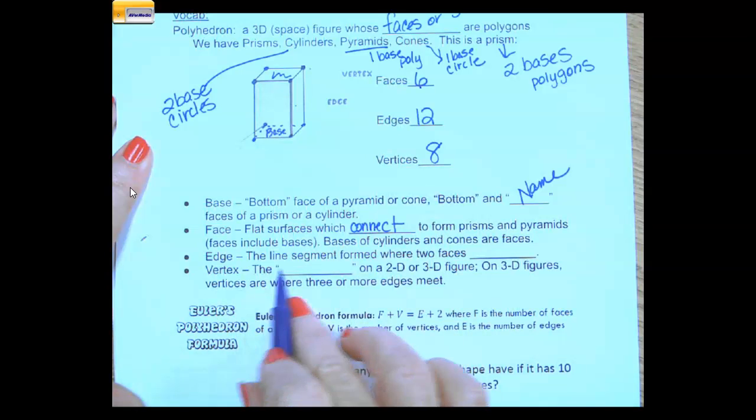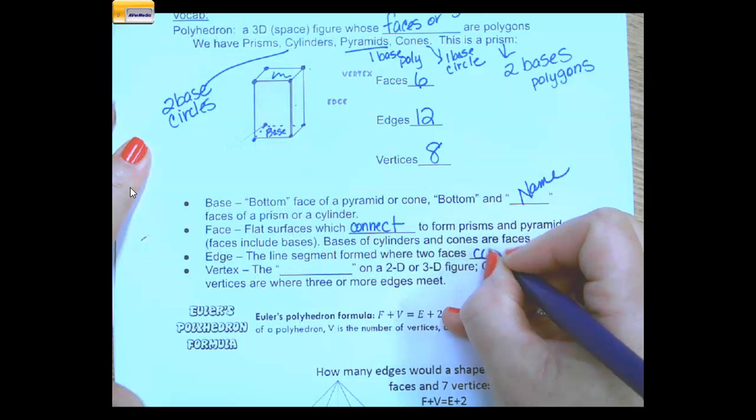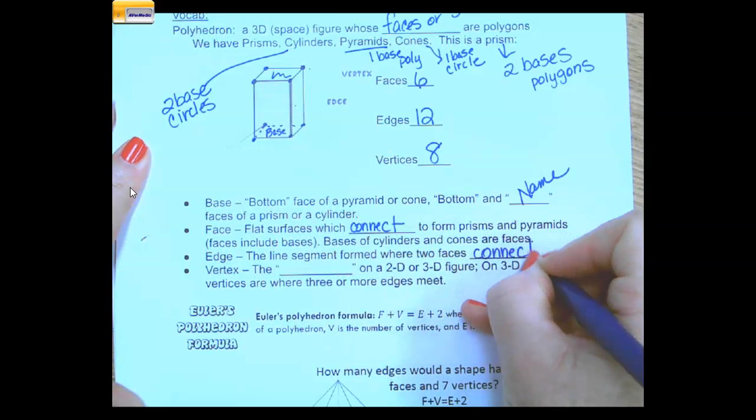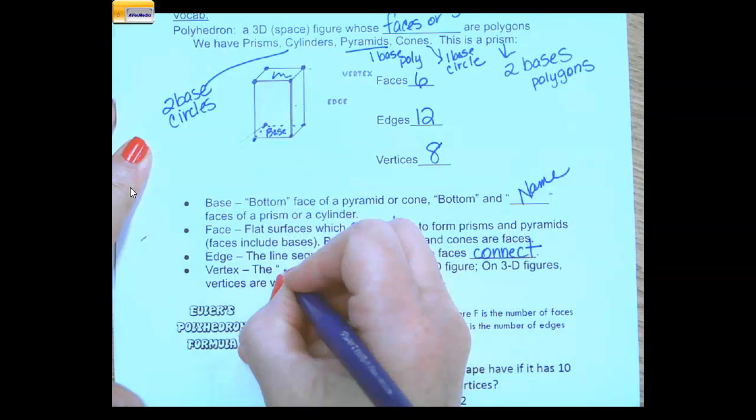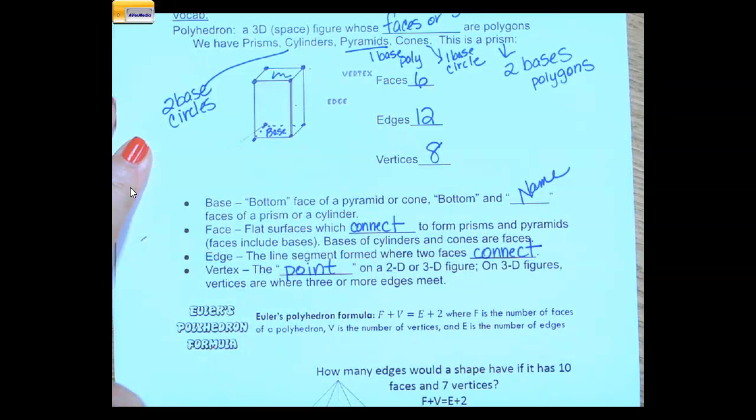An edge is that line segment formed where two faces connect. The vertex is the point on a 2D or 3D figure. On a 3D figure, the vertices are where 3 or more edges meet.